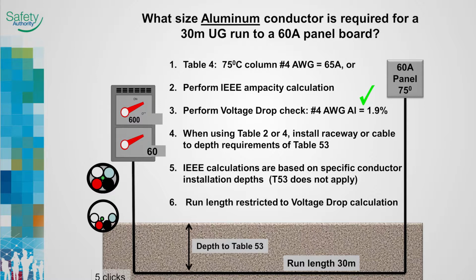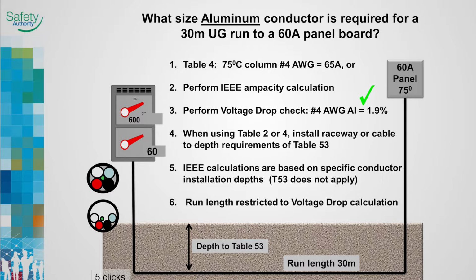In this example, we require an aluminum conductor rated for 60 amps. Note, the 60 amp panel has a TTR of 75 degrees. Table 4 lists number 4 AWG as having an ampacity of 65 amps in the 75 degree column. Alternatively, we can use the IEEE method.